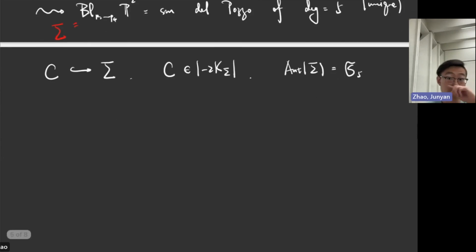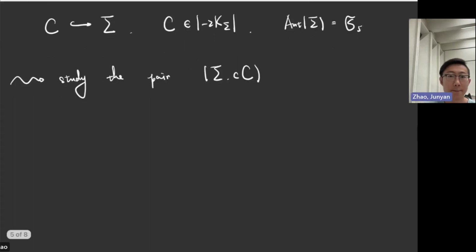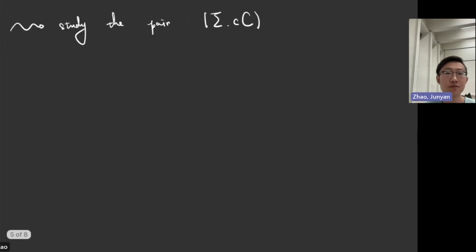So that, as I said before, if you want to study the curves of genus 6, we can study the pair sigma comma C. Here again, I put a coefficient to make it a pair that we want. Okay, this is some fact about the geometry of the genus 6 curve.